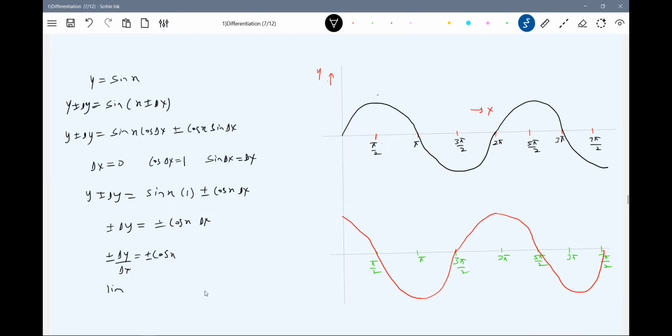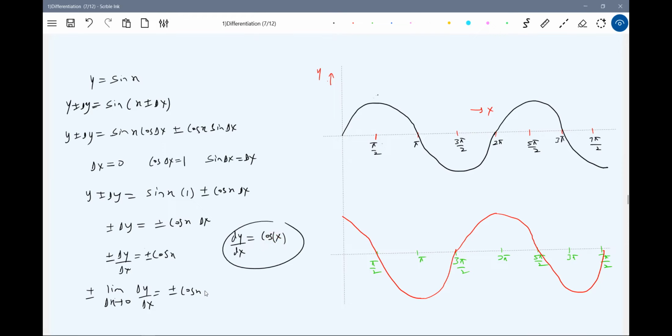So limit delta x tends to 0, delta y by delta x equal to cos x. So this will become dy by dx. So what is the meaning of that? The derivative of sin x is what? Cos x.